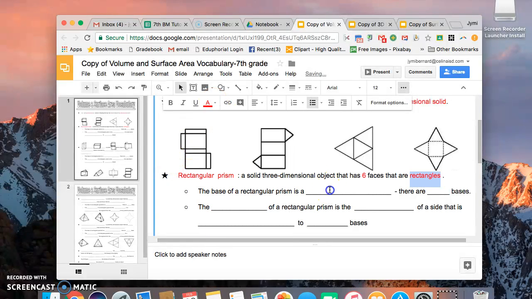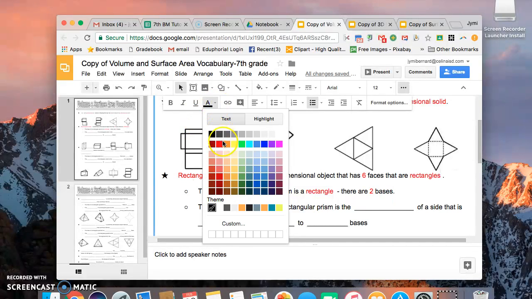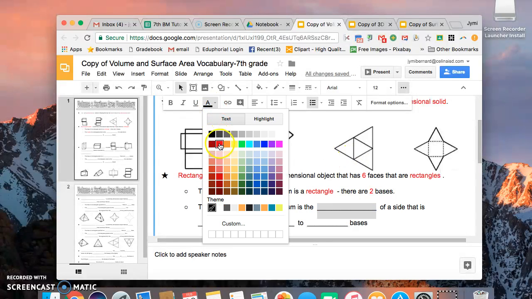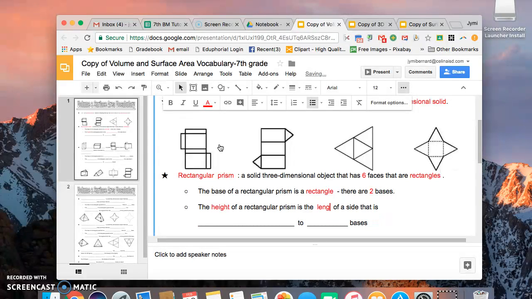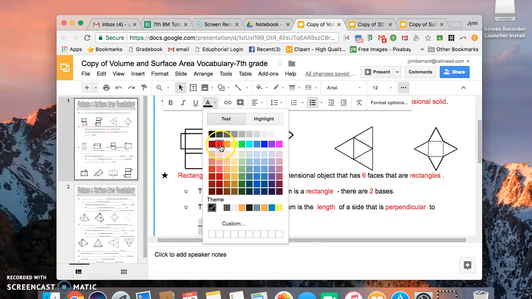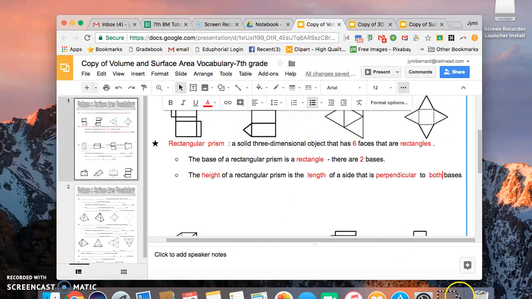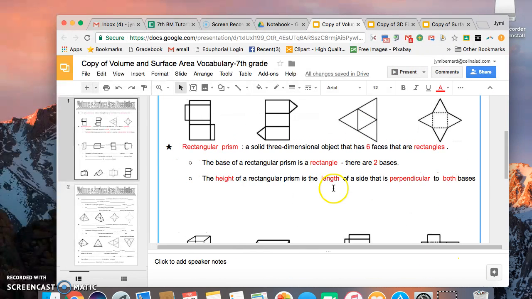The base of a rectangular prism is a rectangle, and there are 2 bases. The height of a rectangular prism is the length of a side that is perpendicular to the bases. All right, so that is our rectangular prism.